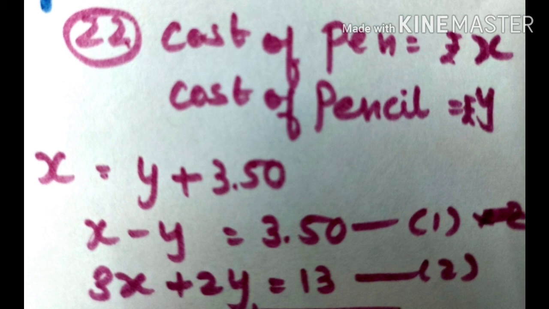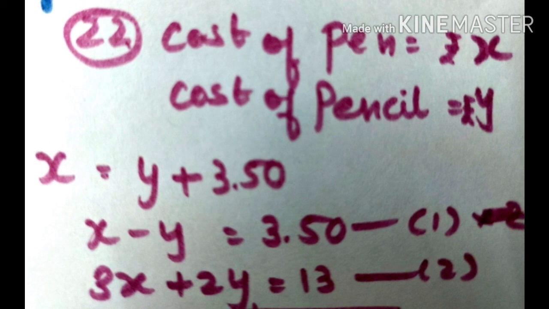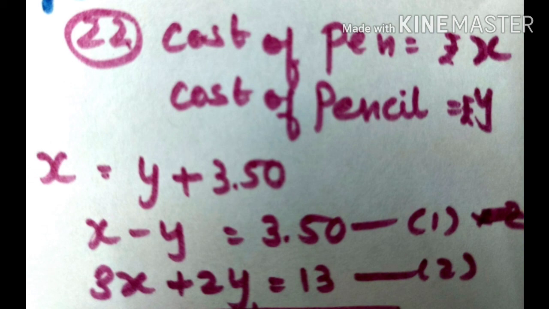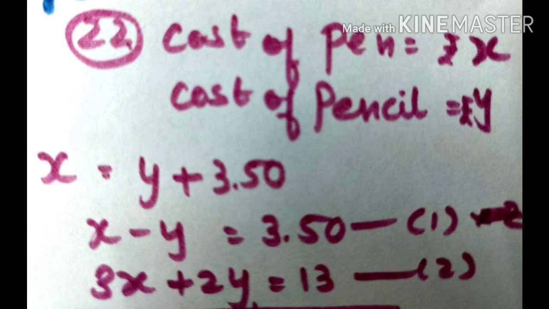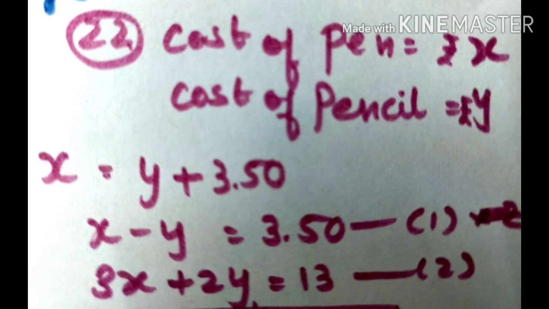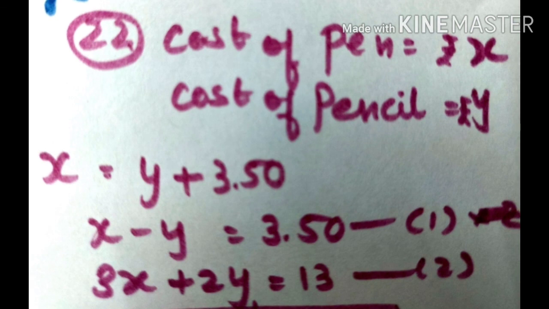The second equation: 1 pen costs x, so 3 pens cost 3x, plus 2 pencils, 1 pencil is y, so 2 pencils is 2y, is equal to 13. This way we write our two simultaneous equations. They do not ask us to solve, so this is our answer. Do not solve it when this type of question is asked.